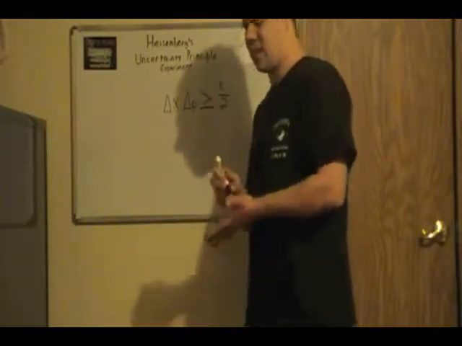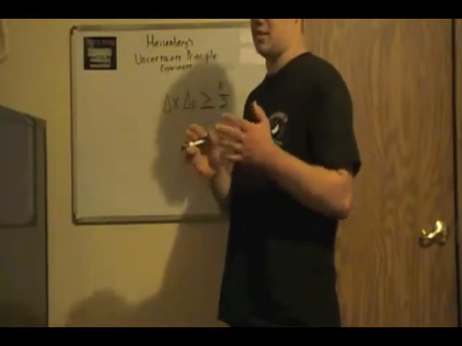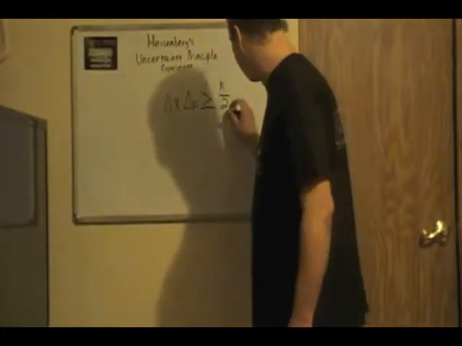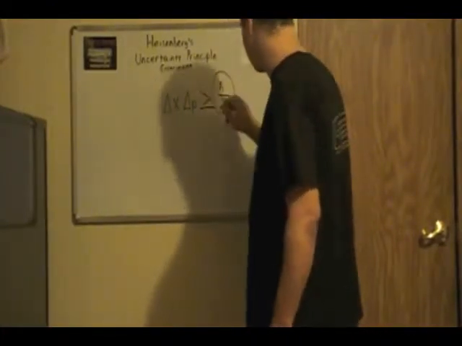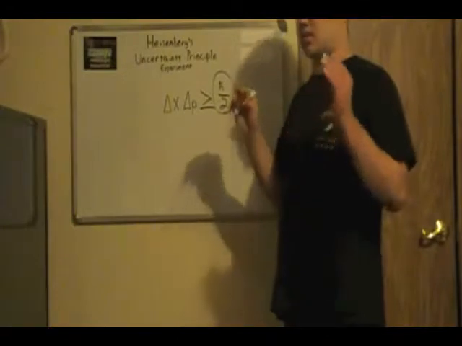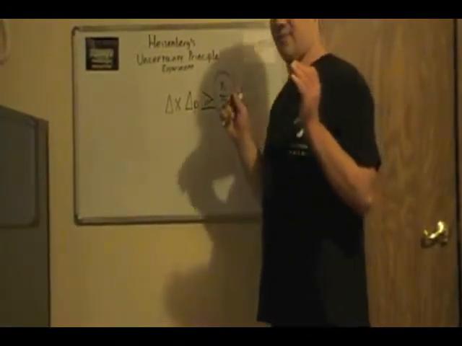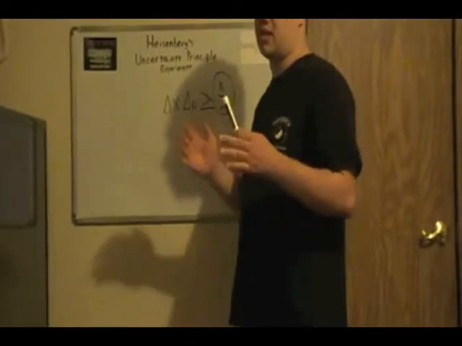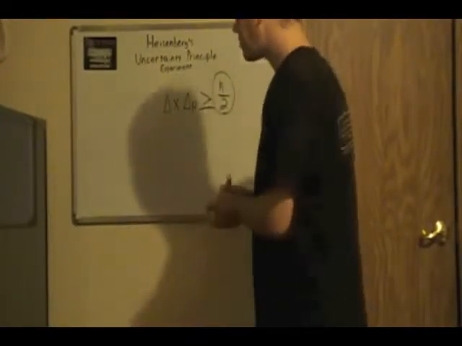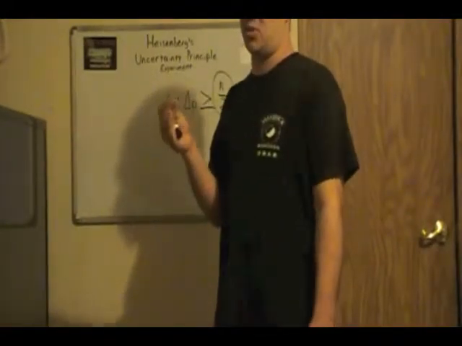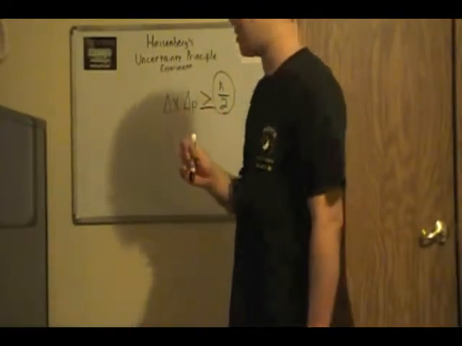You don't really need to understand all of that. All you really need to know for this is that this number is incredibly small. It's almost inconceivably small. We're talking on the scale of individual subatomic particles.